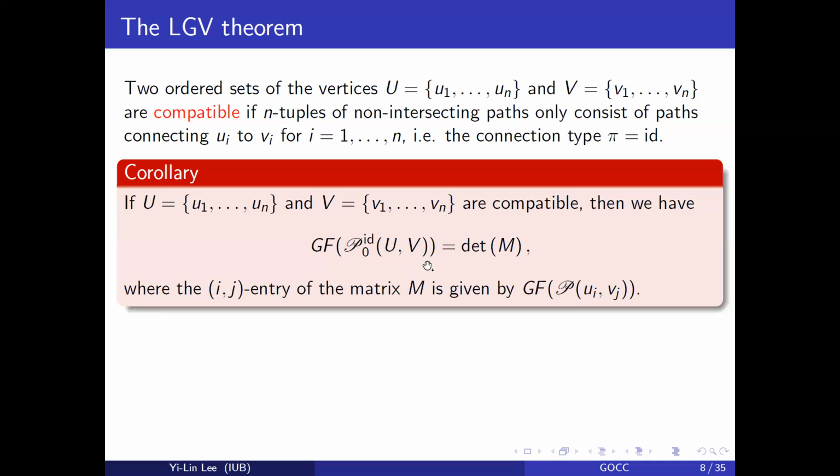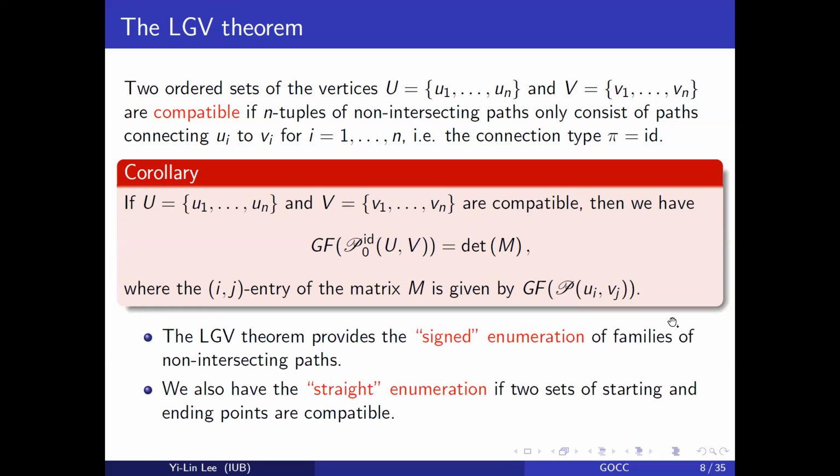The right-hand side is still a determinant of a matrix. This simplified version is the most commonly used version when people apply the Lindstrom-Gessel-Viennot theorem. In other words, the general version provides the signed enumeration of families of non-intersecting paths, but we also have the straight enumeration if the two sets are compatible.